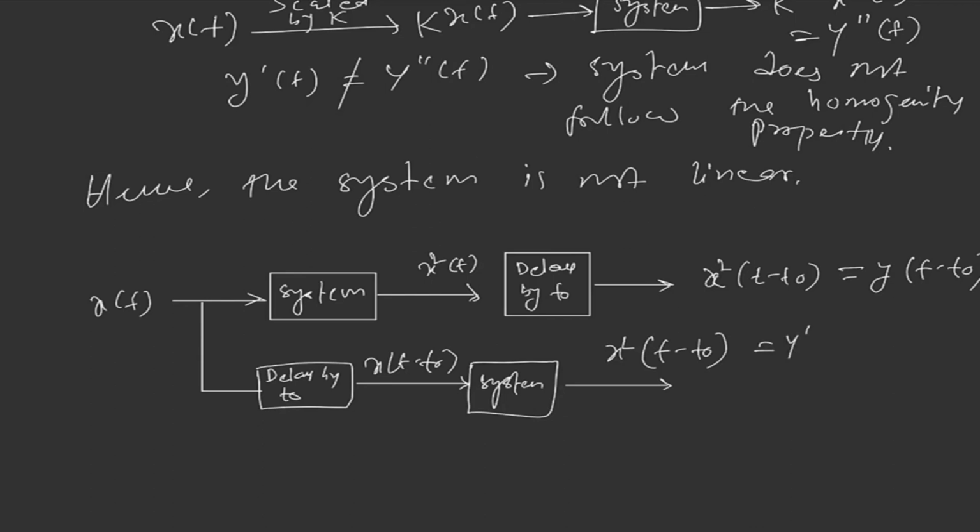So if you notice, y(t - t0) is the same as y dash.